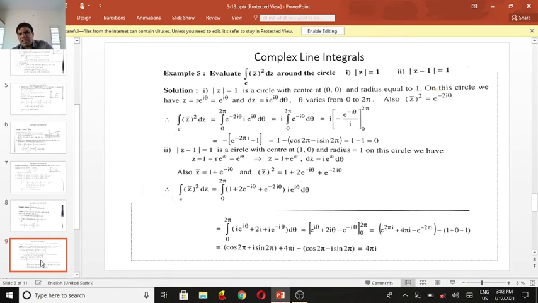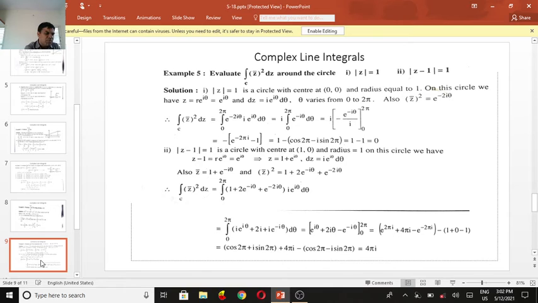Now let us come to one more example, in polar or Euler form. Evaluate the integral over C of the conjugate of z, whole square, dz, where C is the circle mod z equal to 1 and mod z minus 1 is equal to 1.